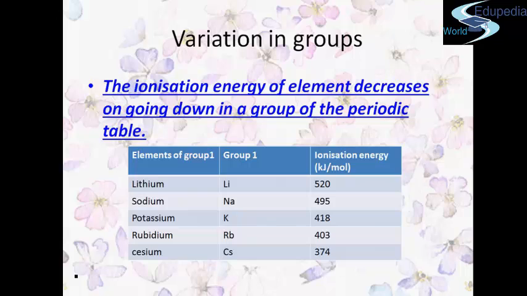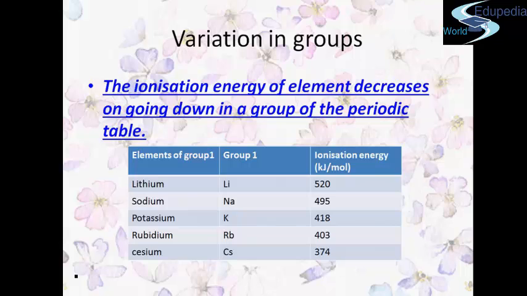We can explain this decrease like this: as the size of the atom increases, the outermost electrons become farther away from the nucleus, and due to this the attraction between the nucleus and the outermost electrons, the valence electrons, decreases.